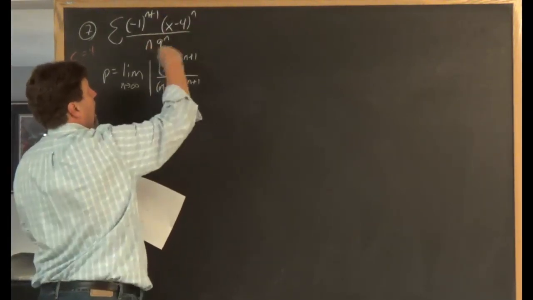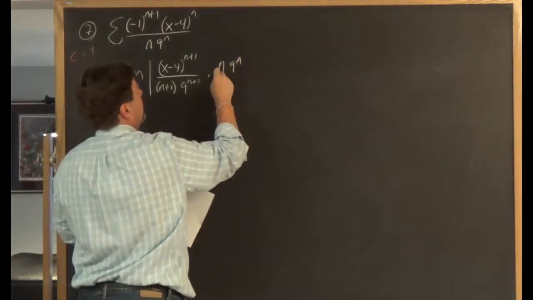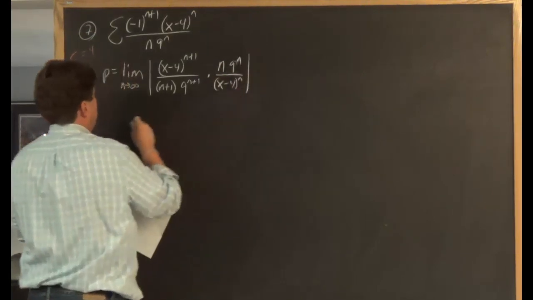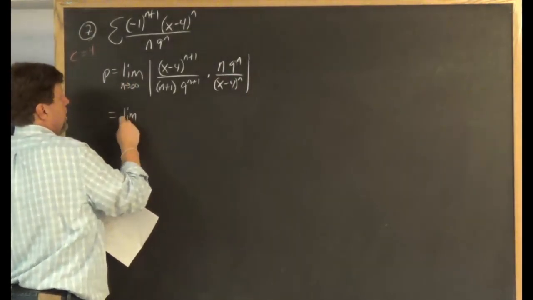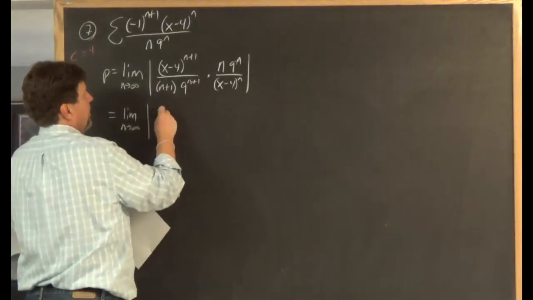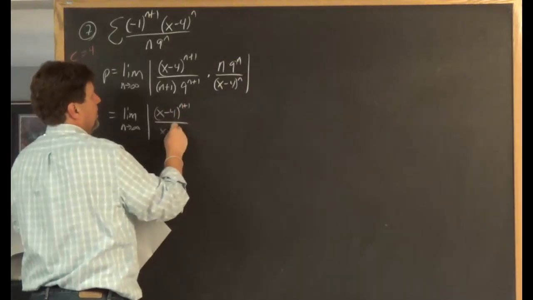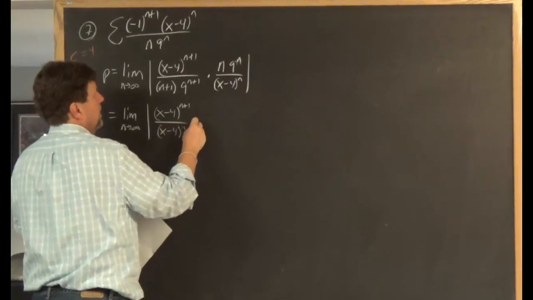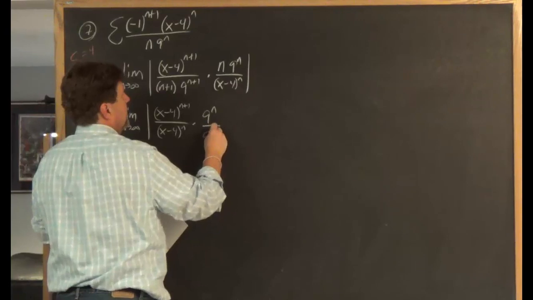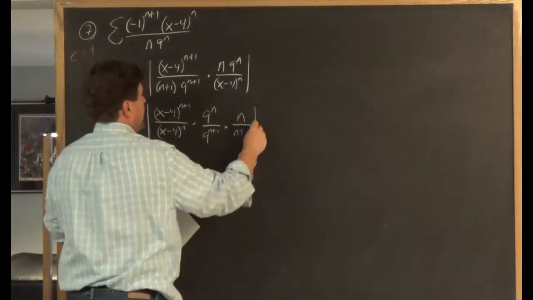Then divided by a sub n, so that's times n 9 to the n over x minus 4 to the n. And this one, just to help me keep my work straight, I'm going to rewrite it as x minus 4 to the n plus 1 over x minus 4 to the n times 9 to the n over 9 to the n plus 1 times n over n plus 1.